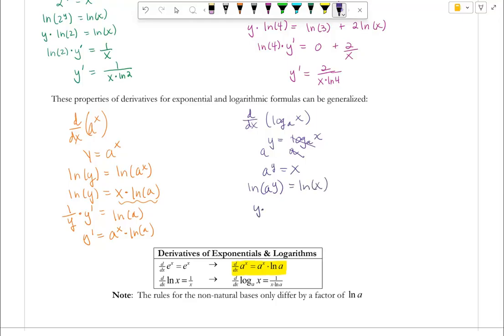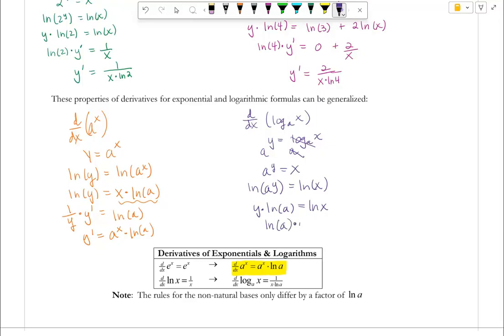we could rewrite that as y times the natural log of a equals the natural log of x. And so when we finally get to the step where we're actually taking the derivative, that was all just a lot of rewriting our equation and manipulating it. We would get the natural log of a, because it's just the derivative of y times ln of a.